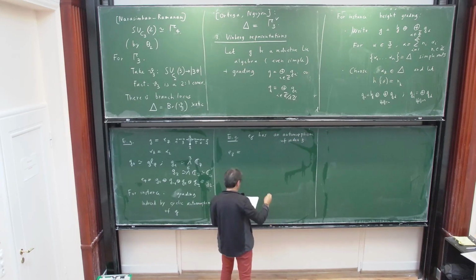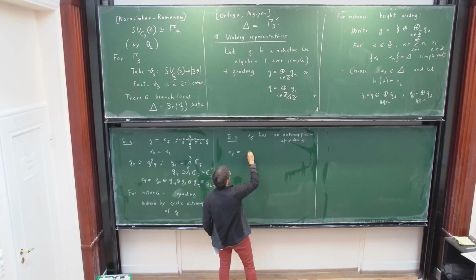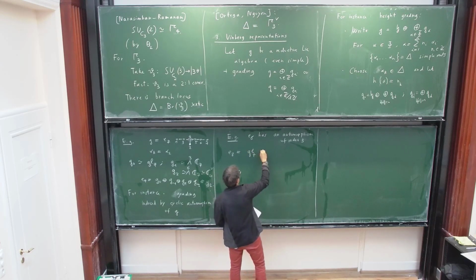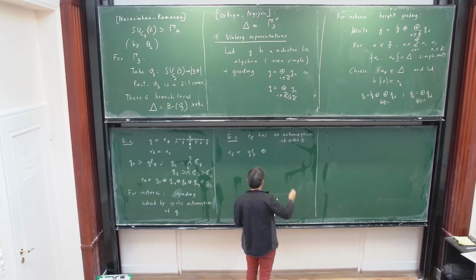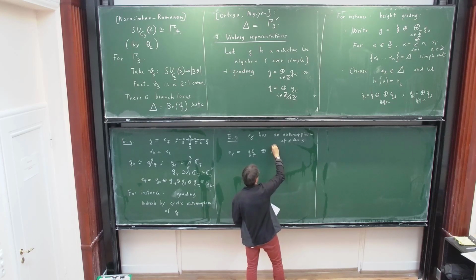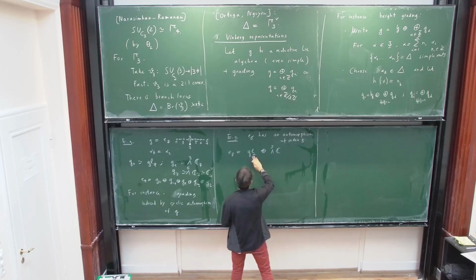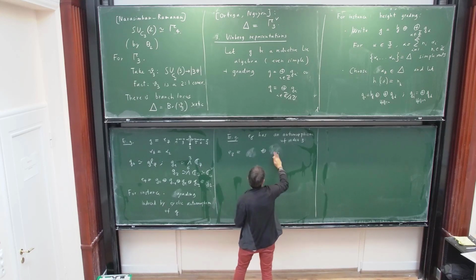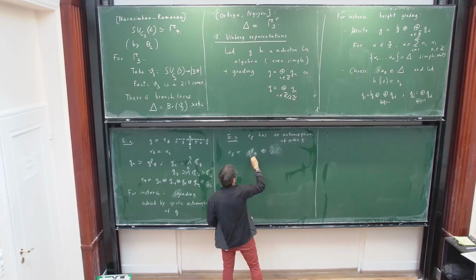And this gives a decomposition. So the 0 eigenspace will be GL7. The 1 eigenspace will be wedge 3 of C7. No, SL9, I'm sorry. So this is SL9.